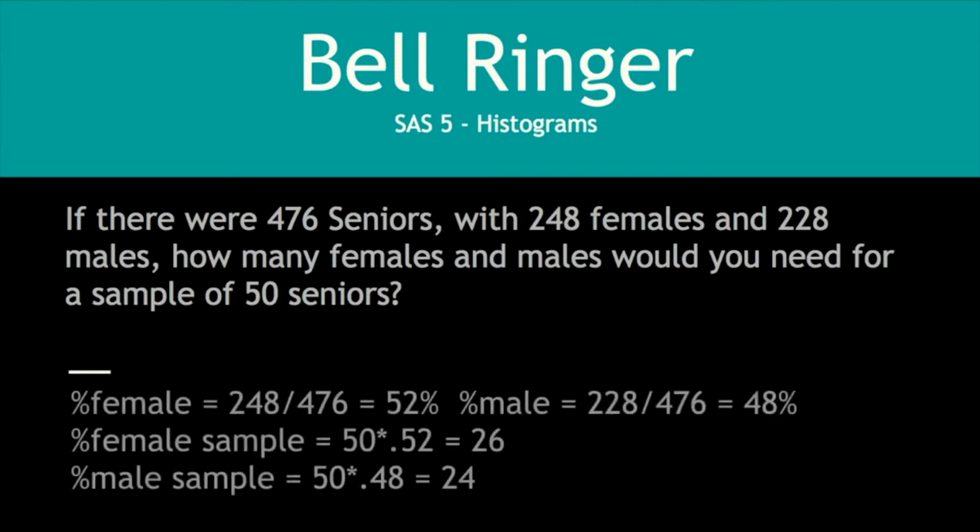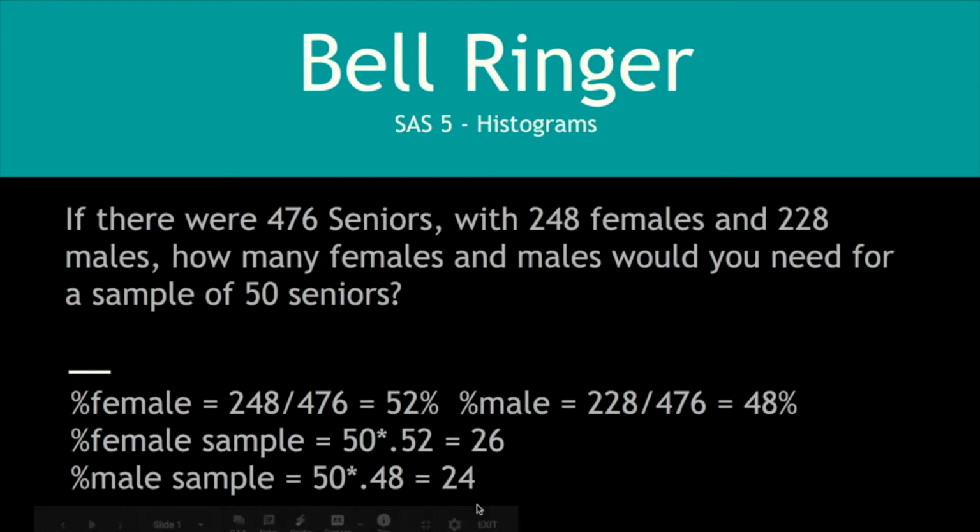So the answer is you take 248 and divide by 476, and you get 52%. On the males, you take 228 and divide by 476, and you get 48%. Multiply those decimal equivalents by 50: 50 times 0.52 is 26, and 50 times 0.48 is 24. And you know it's right because if you add them together, you get 50. 26 plus 24 does equal 50.